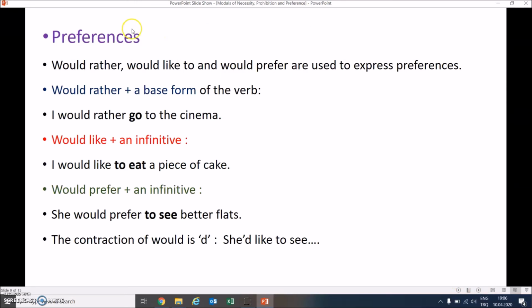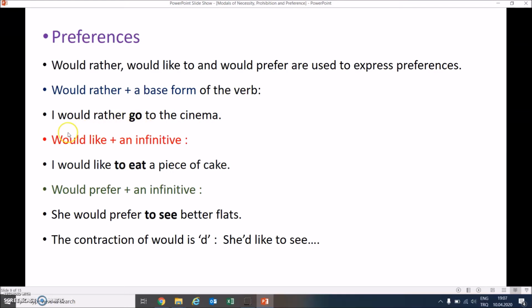Okay, now we have preferences. We have would rather, would like to, and would prefer. They're all used to express preferences. But of course, grammar rules are important. After would rather, we use a base form of the verb. I would rather go to the cinema.